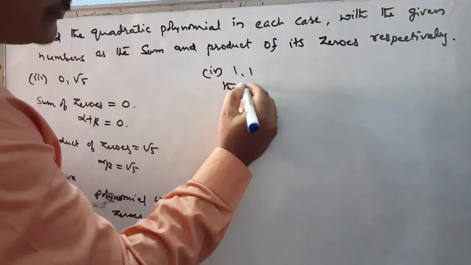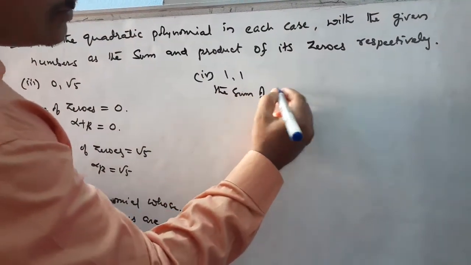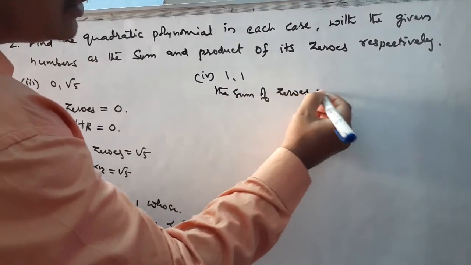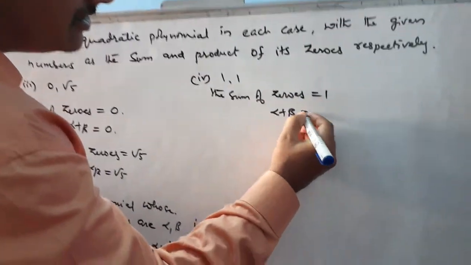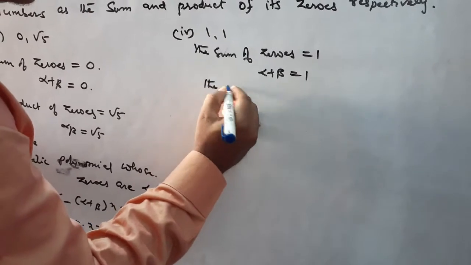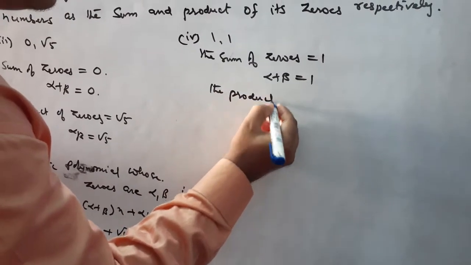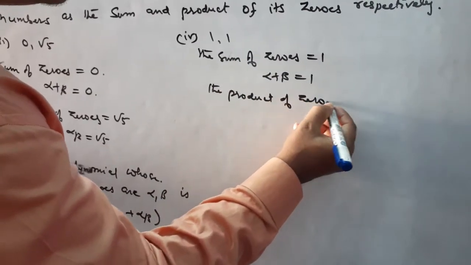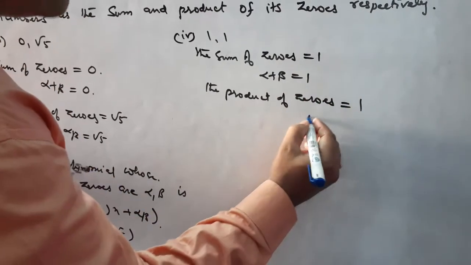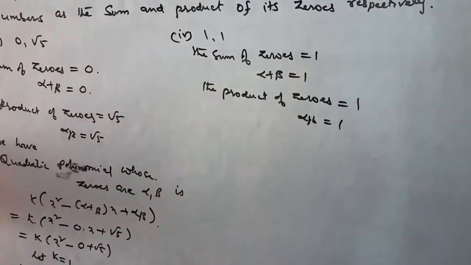The next one, here it is 1 and 1. So the sum of zeros equals 1, that means alpha plus beta equals 1, and the product of zeros is equal to 1, that means alpha beta is equal to 1.